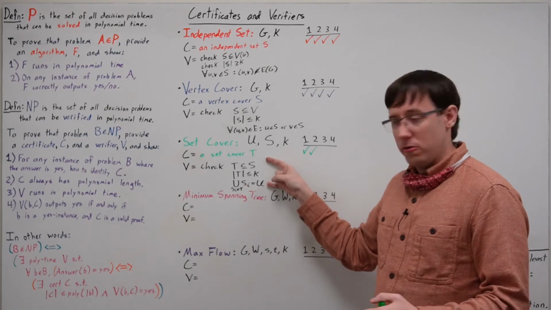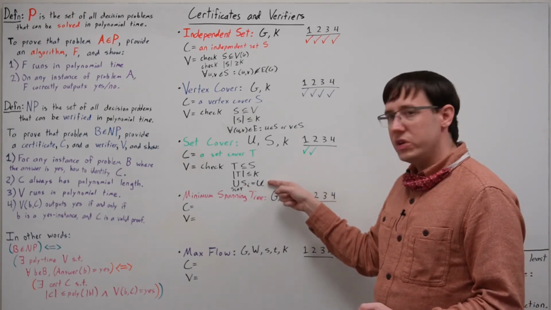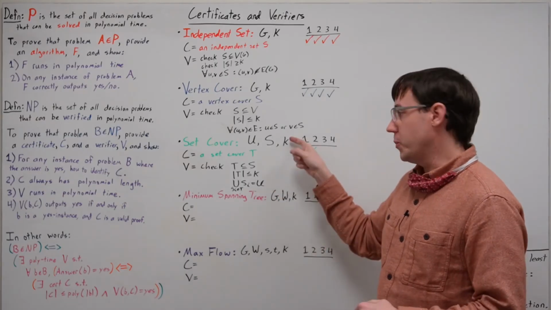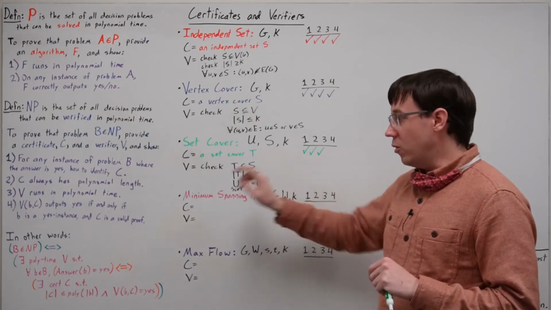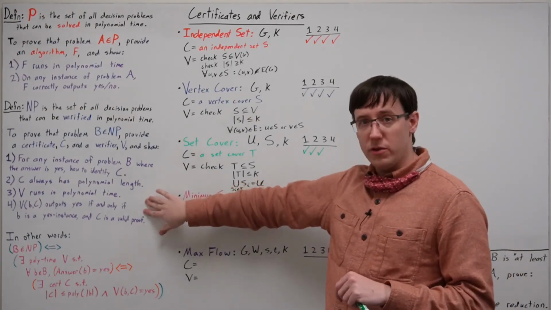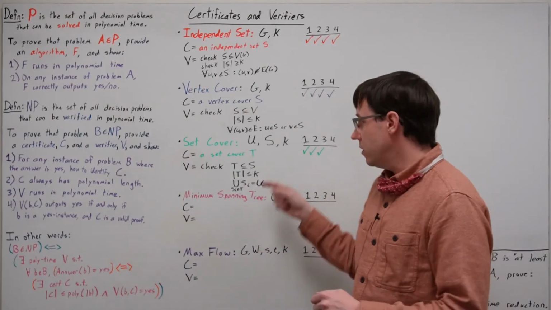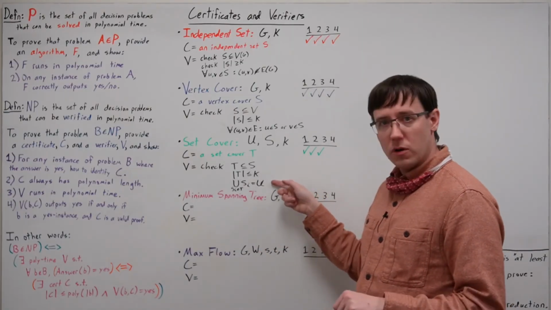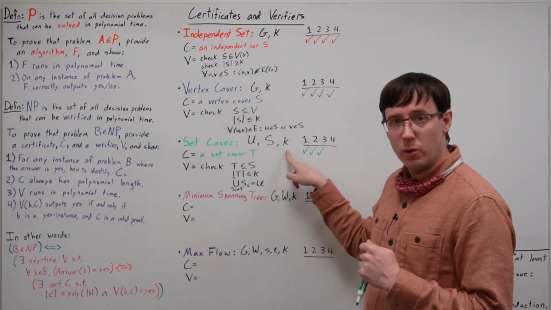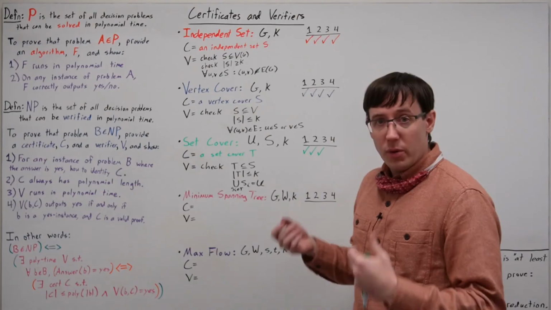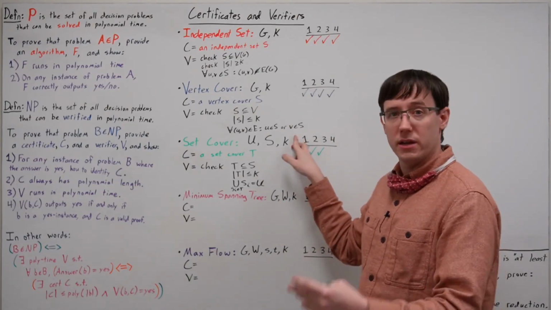Our verifier algorithm runs through these checks, but each of those takes polynomial time with respect to the problem size. And our verifier will output yes if and only if it was given a yes instance and a valid certificate, because these checks ensure that T is in fact a set cover of size less than or equal to k, and so we will output yes when we are given a set cover for the given instance.